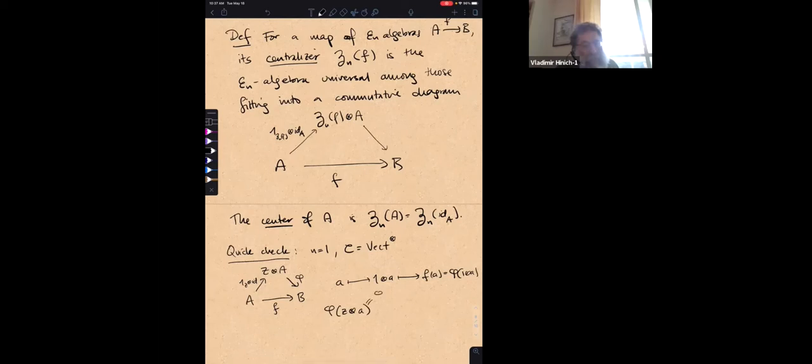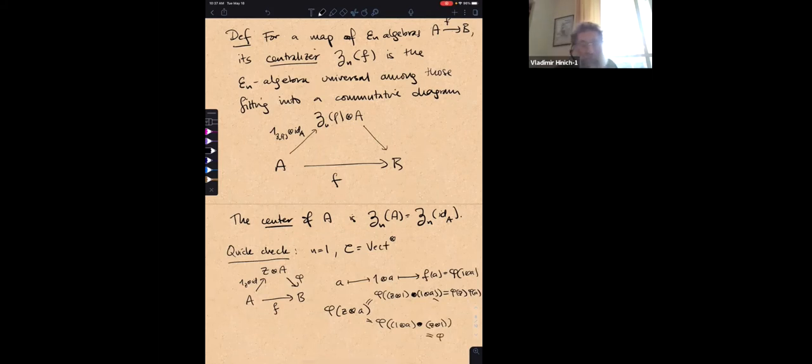On the one hand, you can factor Z tensor A as Z tensor the identity, times 1 tensor A. And this becomes phi of Z, phi of A. But because Z and A commute in here, this is the same thing as phi of 1 tensor A, dot Z tensor 1.